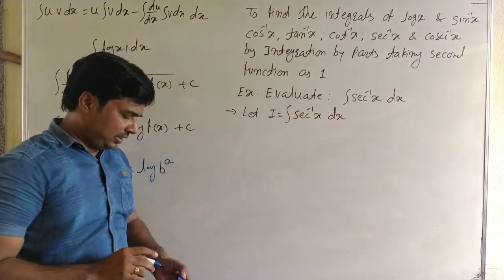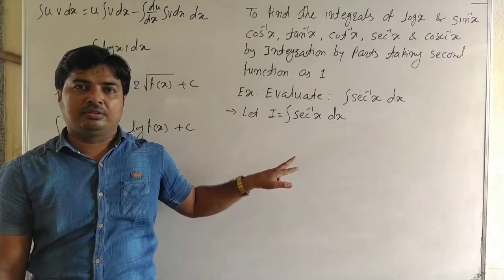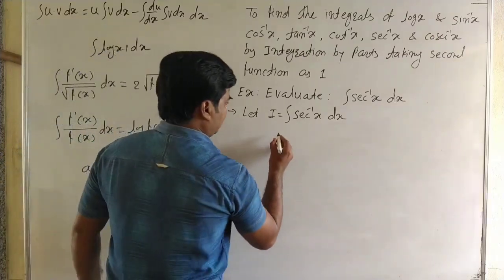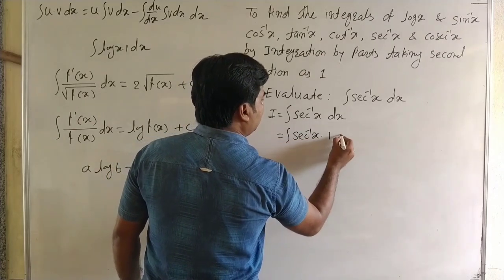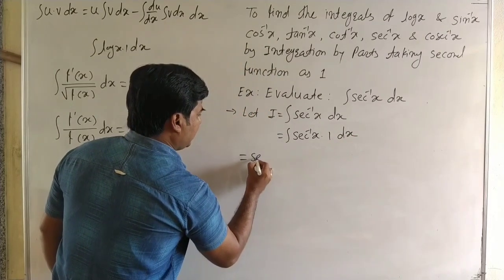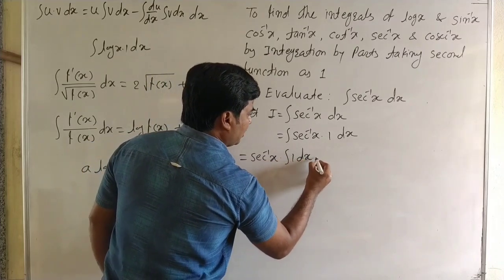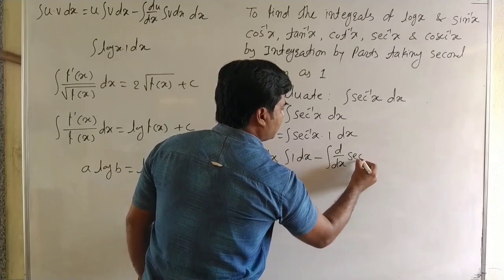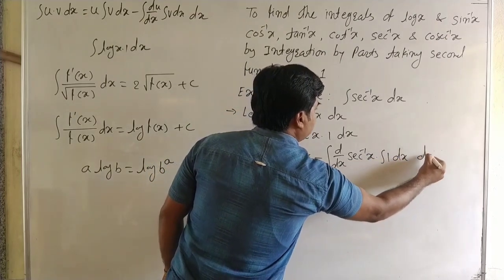Again it is an inverse trigonometric function, and to find the integral of a logarithmic function or inverse trigonometric function we use integration by parts, taking the second function as 1. Okay, now integral of sec inverse x into 1 dx, and therefore sec inverse x into integral of 1 dx minus integral of derivative of sec inverse x into integral of 1 dx, and it is dx.